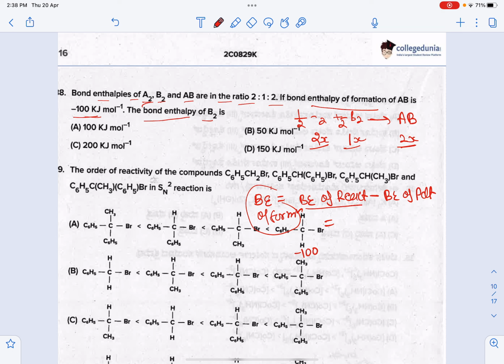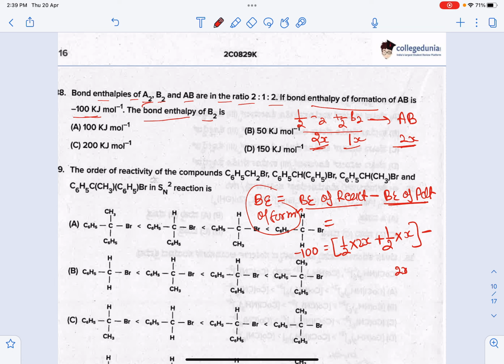Now the bond enthalpy of reactants: these are the reactants, as you know. This will be half multiplied by this value, 2x, plus the second reactant, half into 1x. You can write it here as x, minus the bond enthalpy of product. The bond enthalpy of product is 2x.